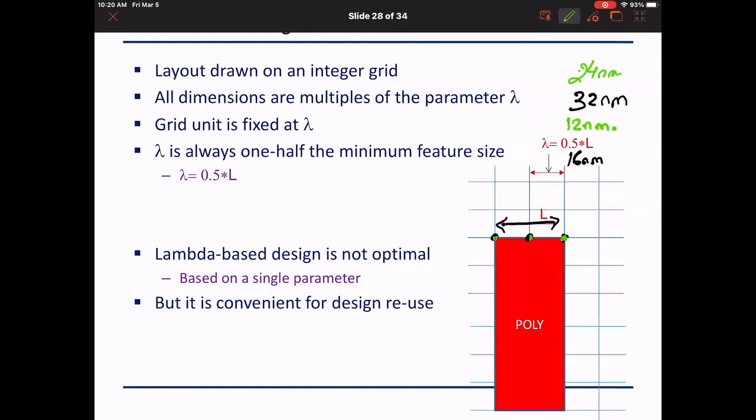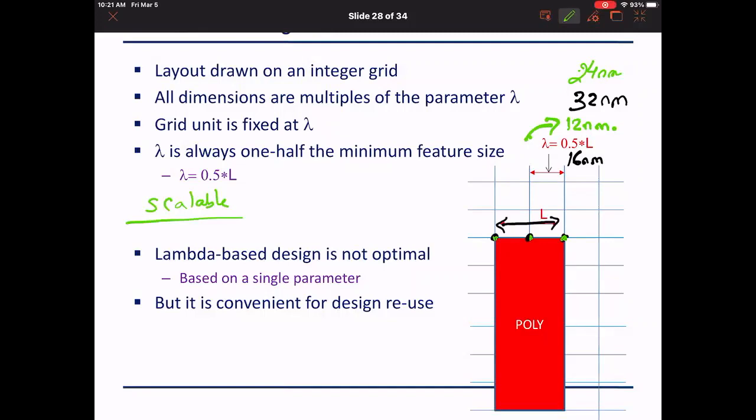This way I can move one design to another by changing the scale or the interpretation of how to build the mask from this layout, but keeping the layout. Of course, some portions of the design may need custom design, but they are trying to make the design rules scalable.